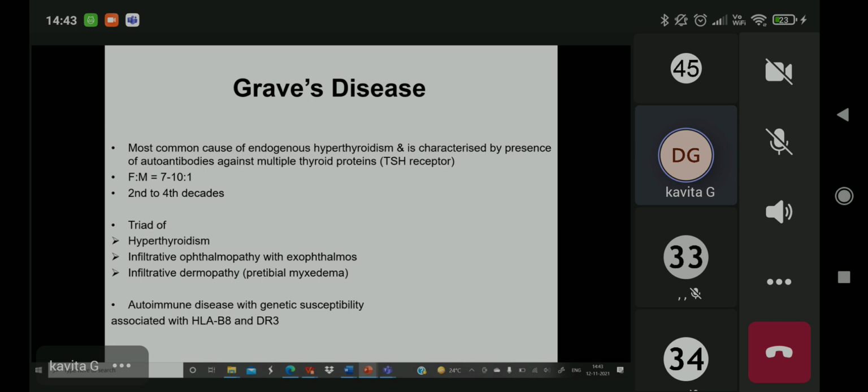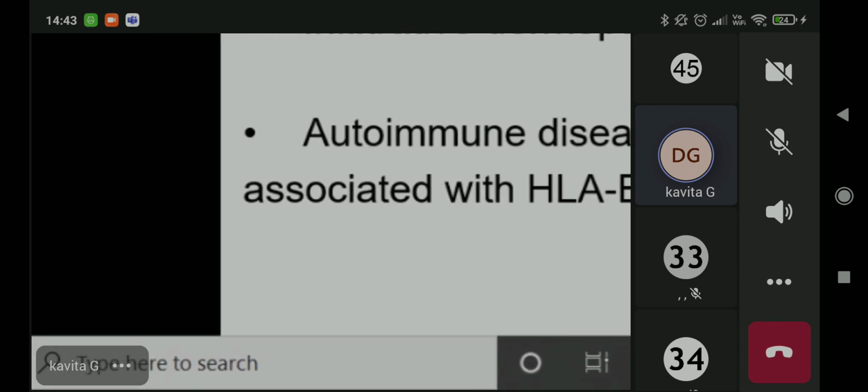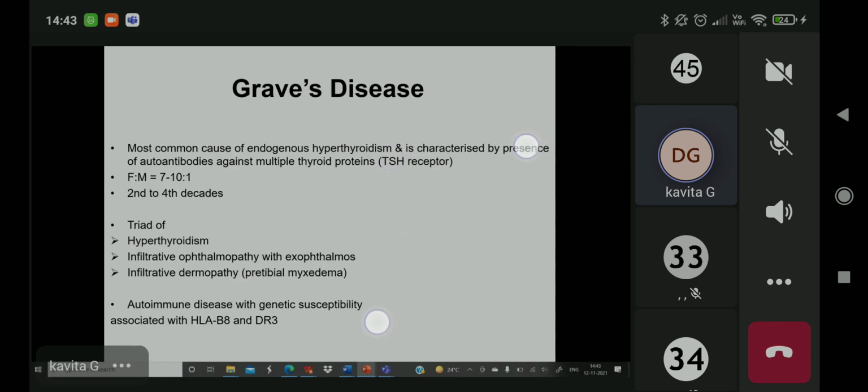So basically, this is a disease which is seen in the 30s to 40s age group. And basically, you have hyperthyroidism.